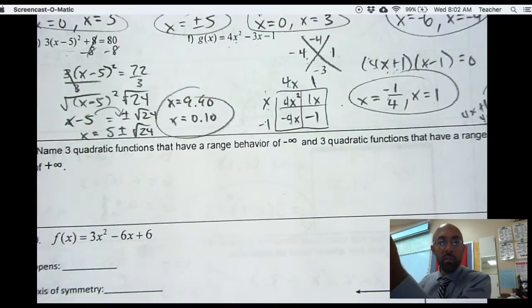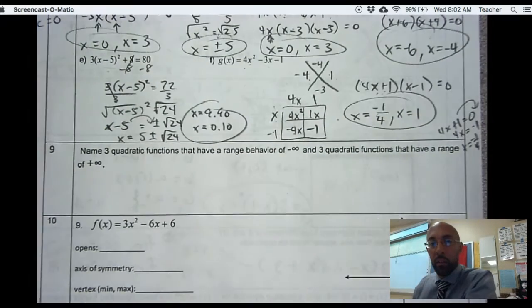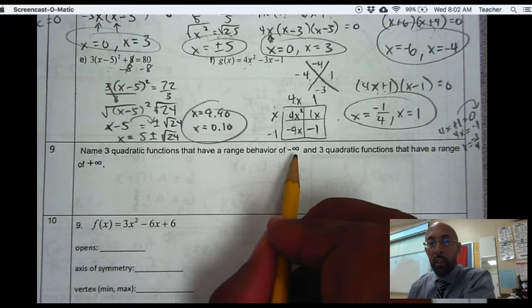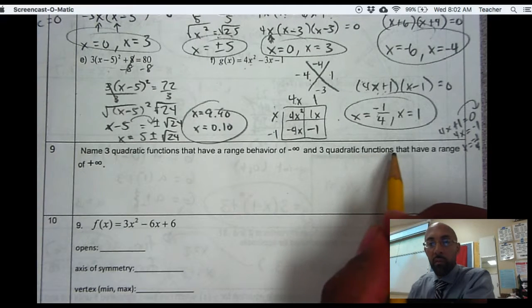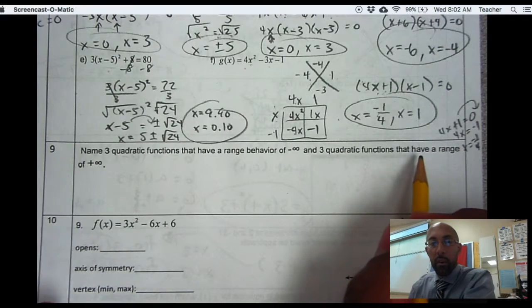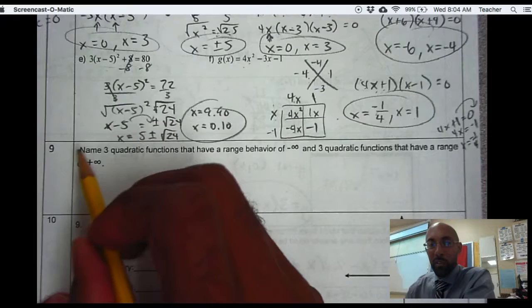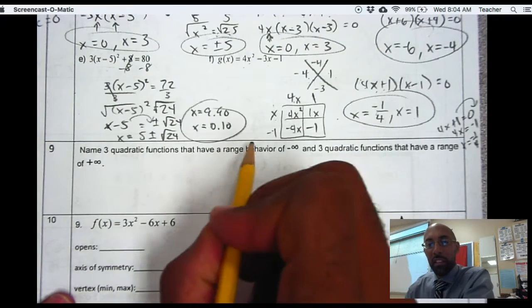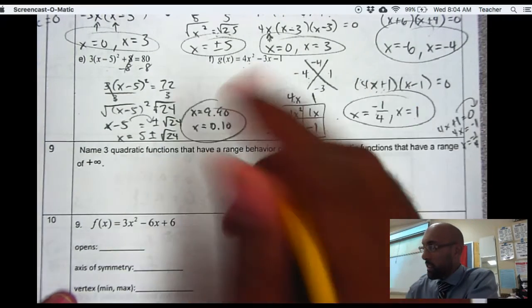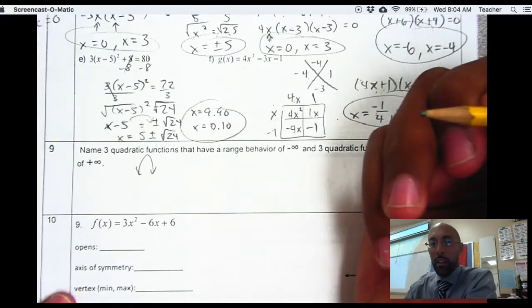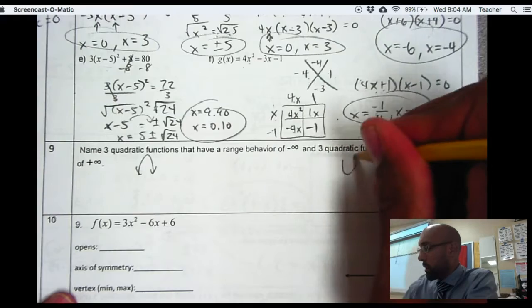So name 3 quadratic functions that have a range behavior of -infinity, and 3 quadratic functions that have a range of +infinity. So really, all we're looking for is 3 functions that go down, and then 3 functions that go up.